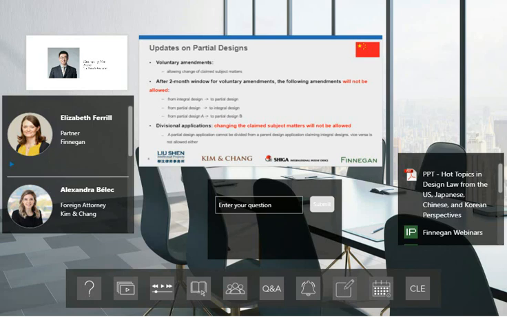For example, from what we call integral design or entire design to partial design, and also from partial design to entire design. There's a 2-month window for such voluntary amendments. After this 2-month window, there would not be any chance for such amendment.